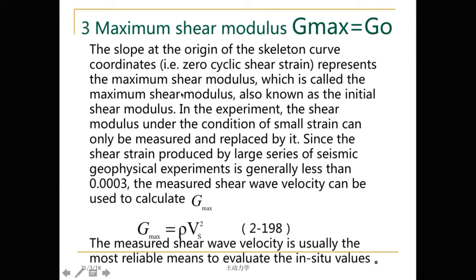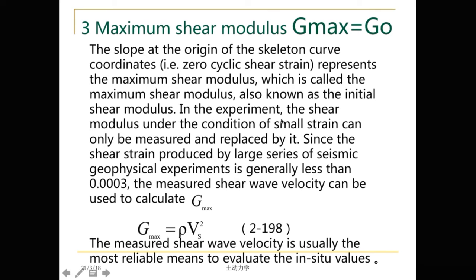Then the tangential line is just the initial shear modulus. And in fact, with the development of strain, the slope will decrease. Then the initial value of the shear modulus is the largest value, and we define it as the maximum shear modulus.